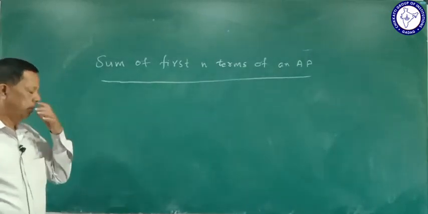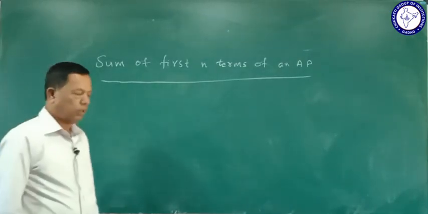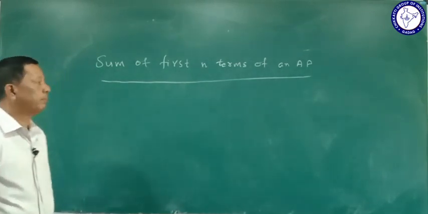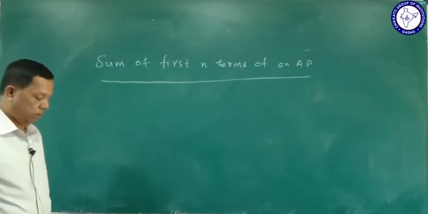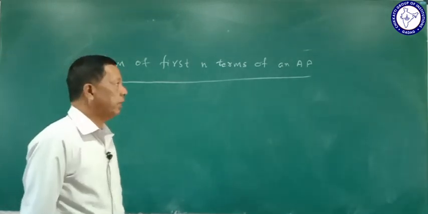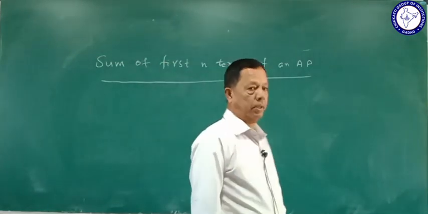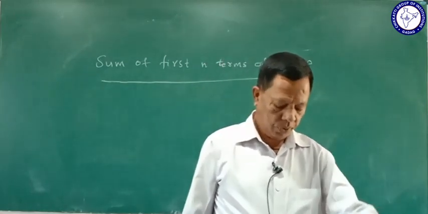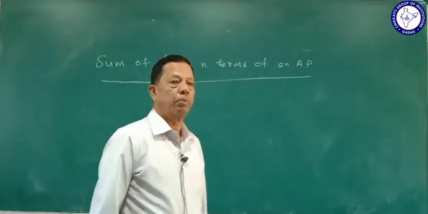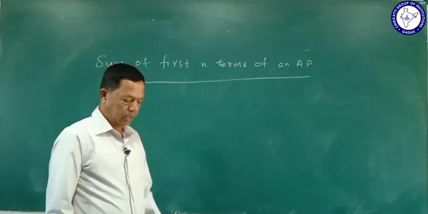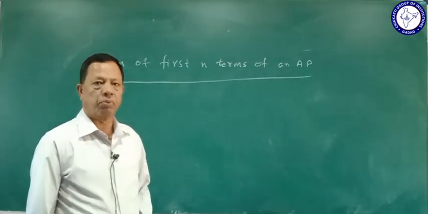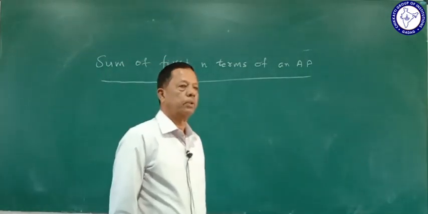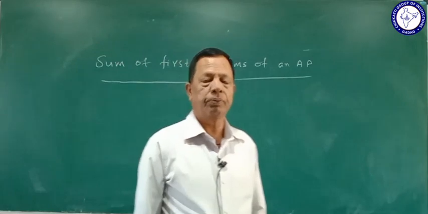Today, I want to discuss the last part of this arithmetic progression: the sum of first n terms of an AP. In the previous classes, we studied all about the arithmetic progression, what is arithmetic progression, what is nth term, how to calculate nth term.